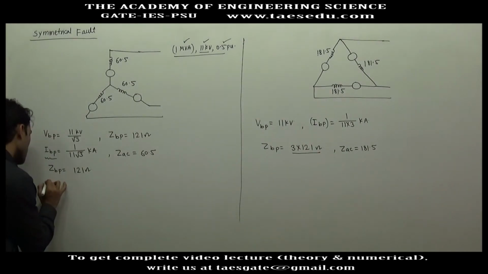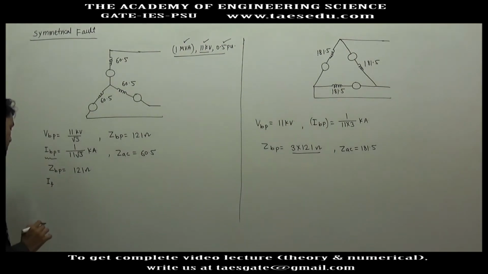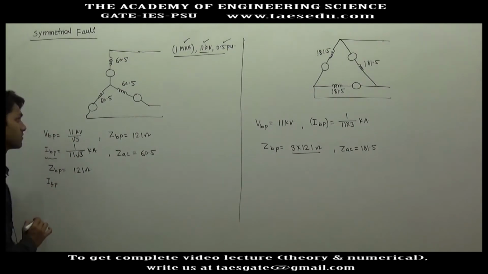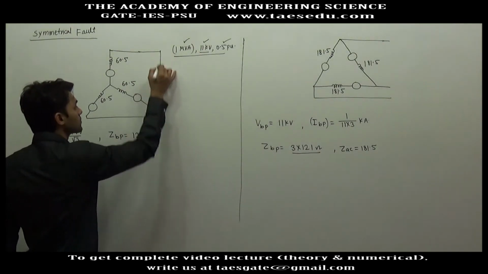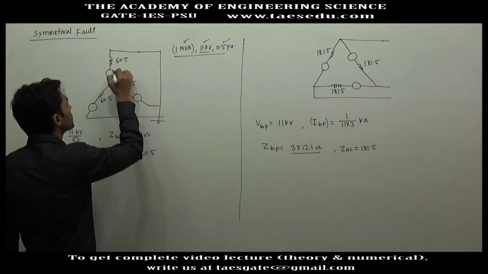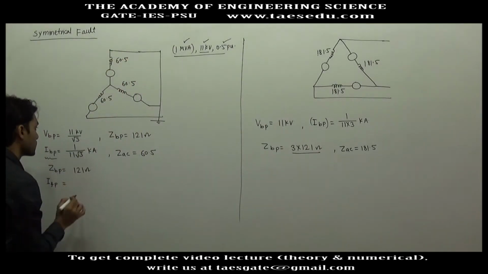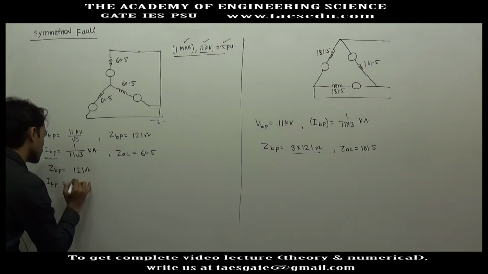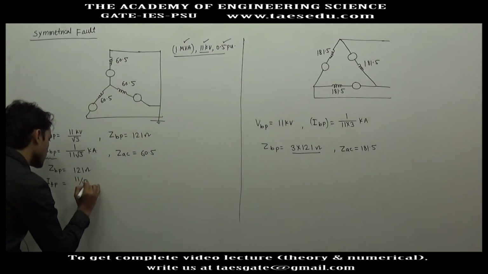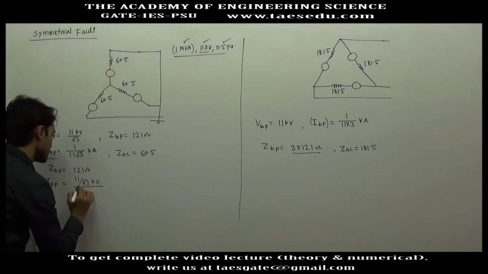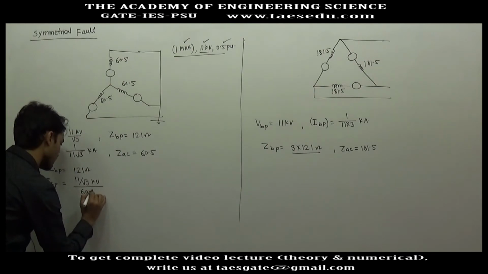Now let us calculate the actual value of fault current in phase. This is short circuited. This will be phase voltage divided by phase impedance. So phase voltage is 11 divided by root 3 kilovolt divided by impedance 60.5.